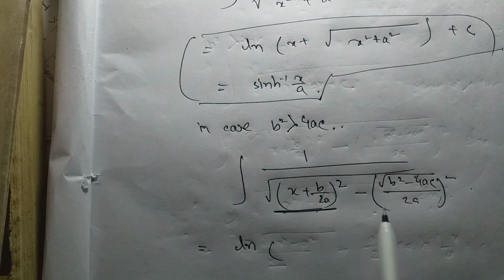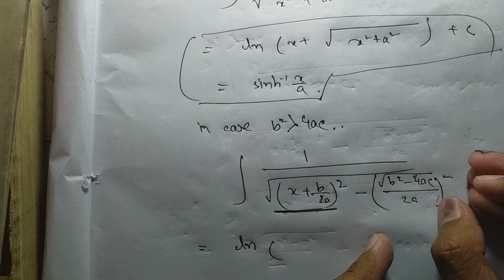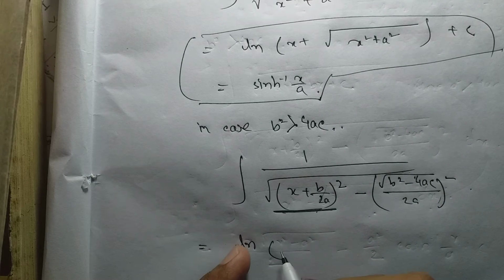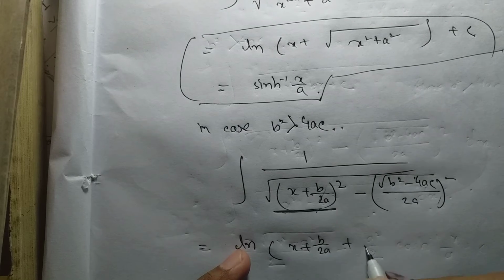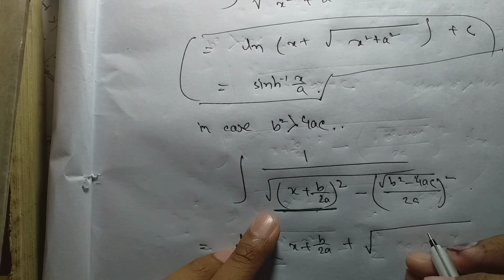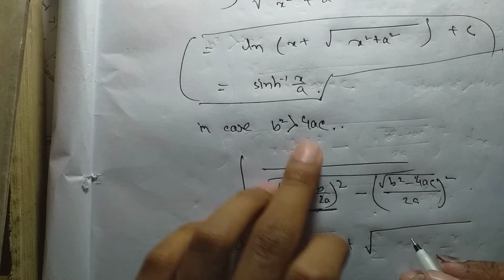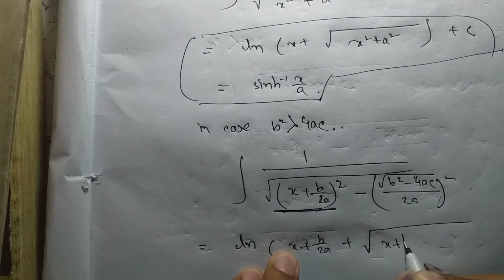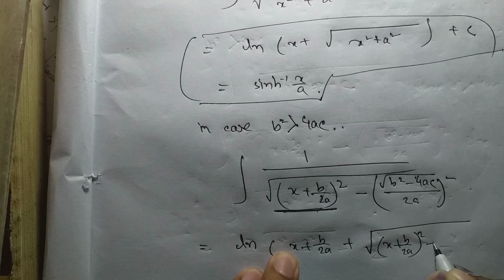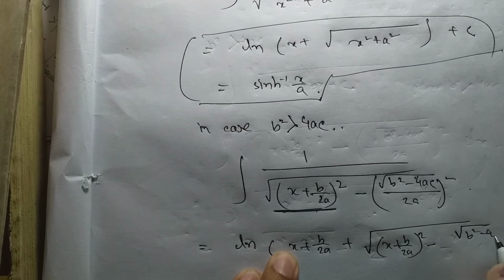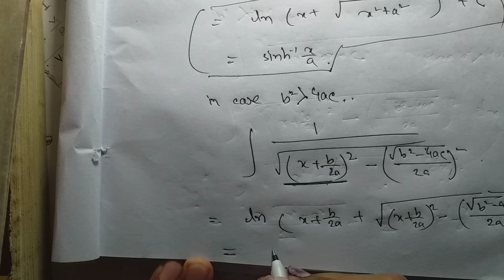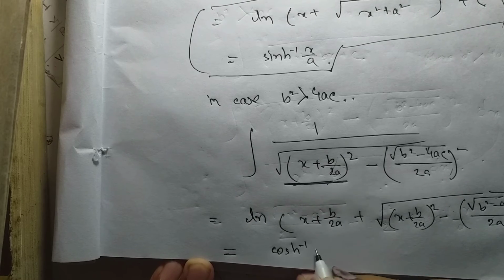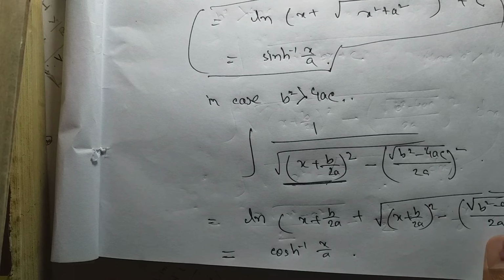If you put this under the formula, we get x plus b by twice a plus root over x squared minus a squared, or we can write cosh inverse x by a.